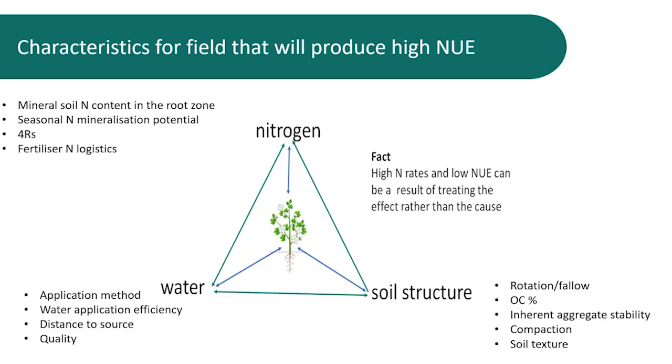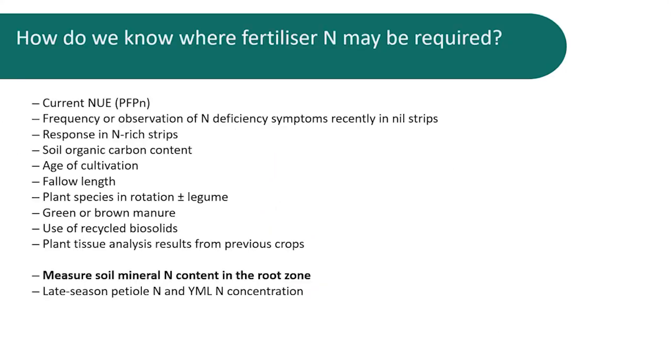And then finally, when we get to nitrogen, how much mineral nitrogen is in the root zone, the seasonal mineralization potential, how we use the fertiliser, and the logistics that go with how we use the fertiliser. And if we put all that together properly, we should end up with the ability to produce pretty high yields at high efficiency.